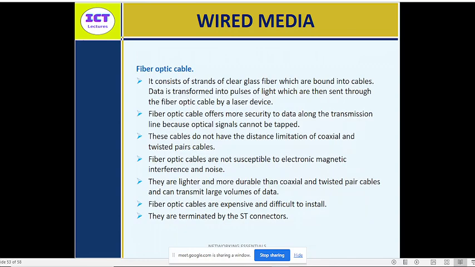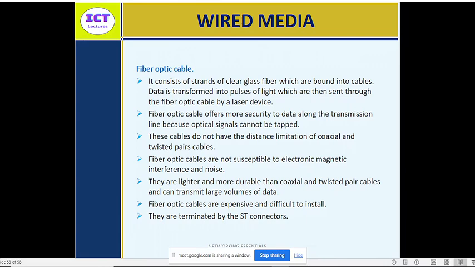We also have fiber optic cable. When it comes to data transmission, we normally prefer fiber optic cable because it's not susceptible to electromagnetic interference. Again, it is more secure.